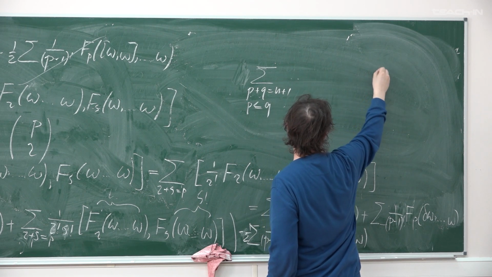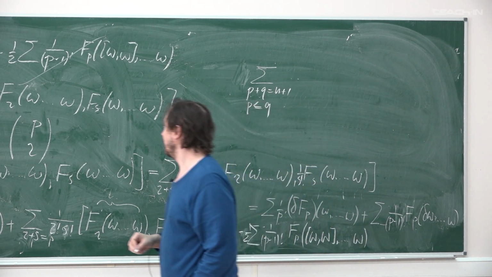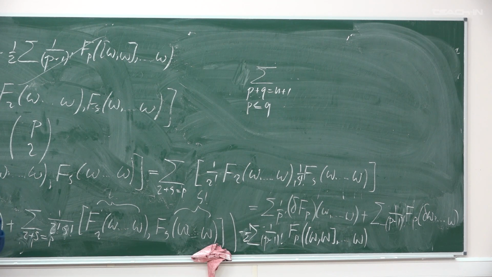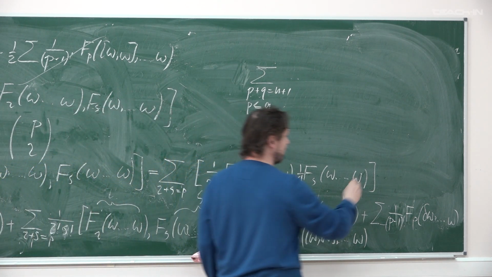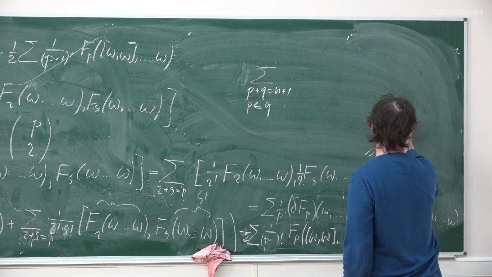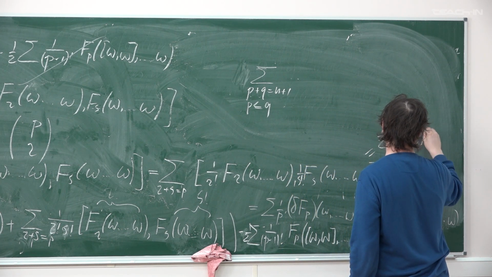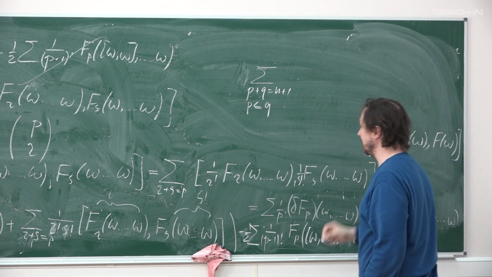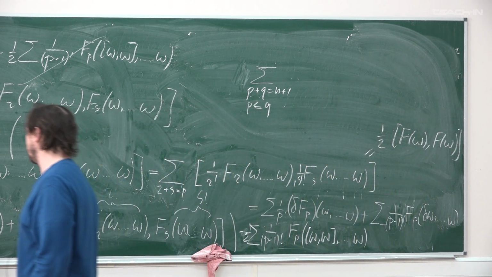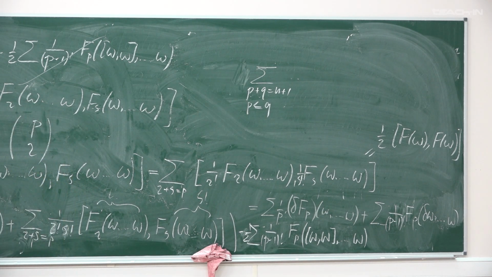Okay. In that case, what you have here is precisely 1/2 of the commutator of F omega. Yeah, this 1/2 is really important. I quite forgot about it. Okay?